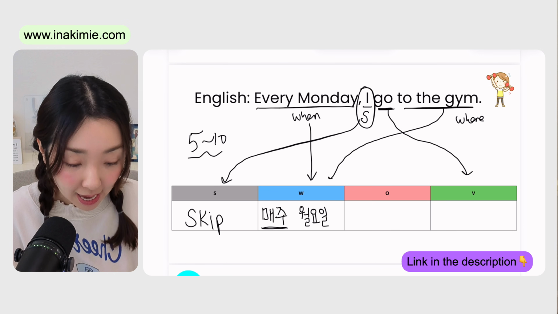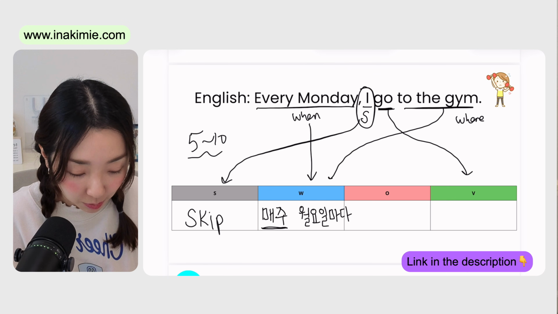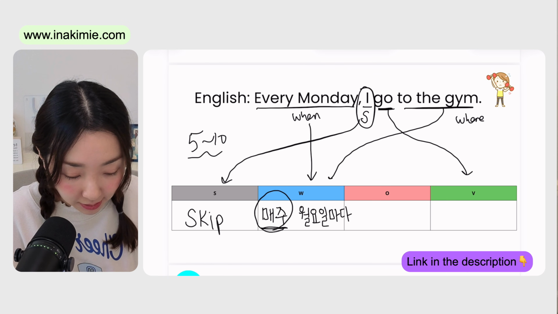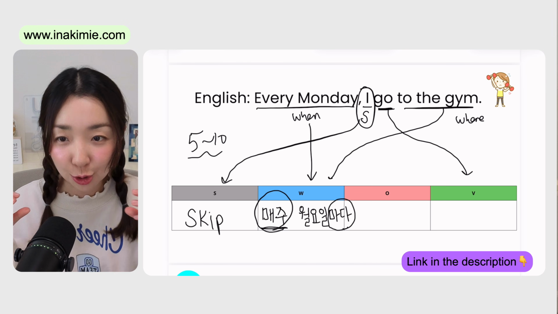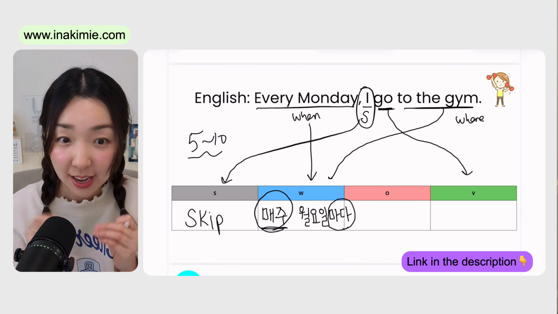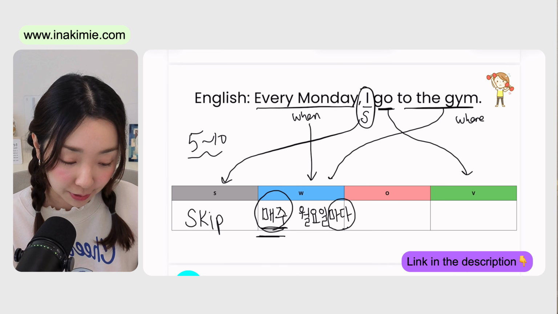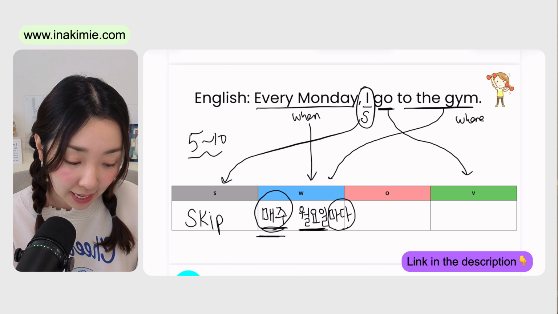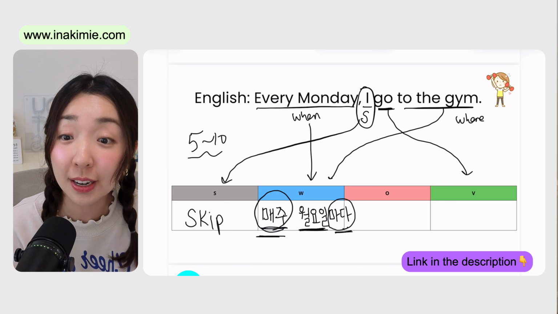월요일. And I need another particle, 마다. So this is every week, every. Korean and English, it doesn't translate 100%, but we need this format. 매주, every week, Monday, every. Monday마다, 매주 월요일마다.